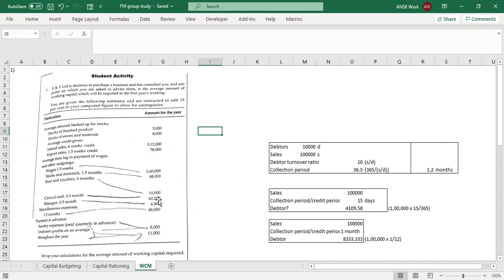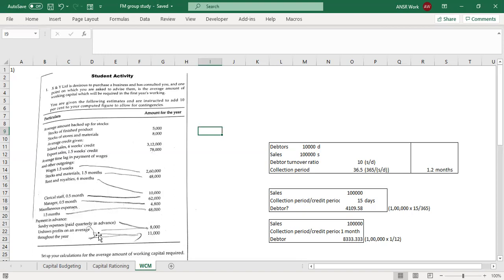Nobody's having a problem. Average credit given. What does this mean? Can somebody tell? Average credit given. Which item is it pertaining to? It's an asset. Credit is an asset. Sale, yes, you can say sale, but there is a better name for it.